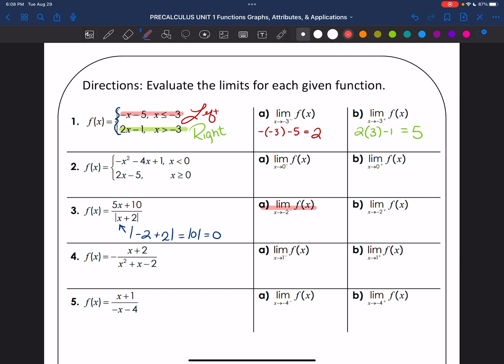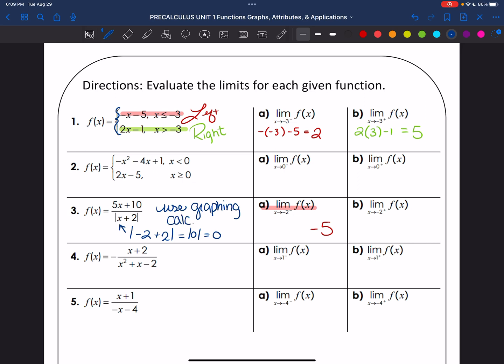Using your graphing calculator, if you're a little person traveling from the left, from those negatives, getting close to negative 2, what height is that at? It should be at a height of negative 5, which we found, let me make this note over here in blue, using the graphing calculator.